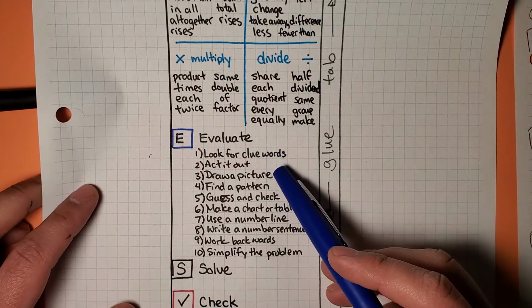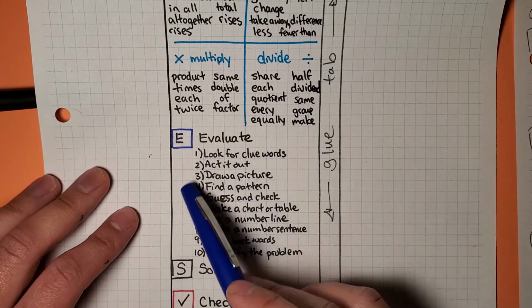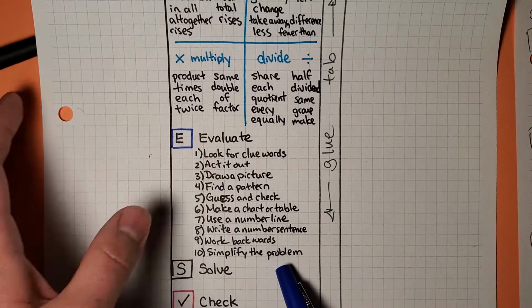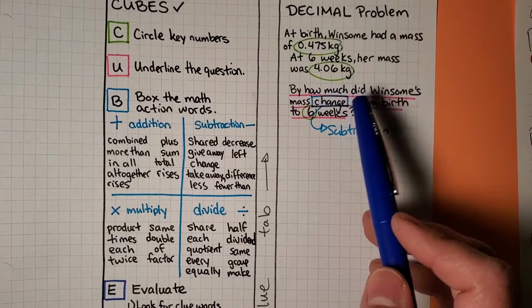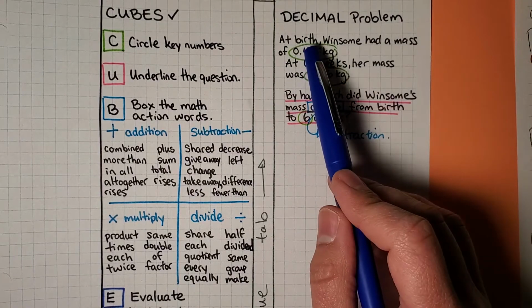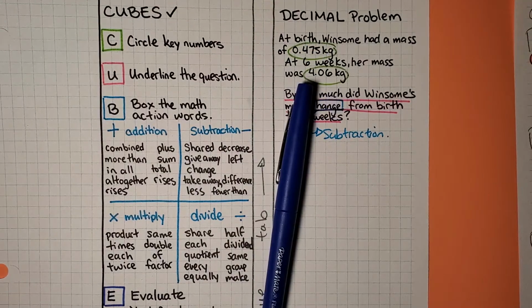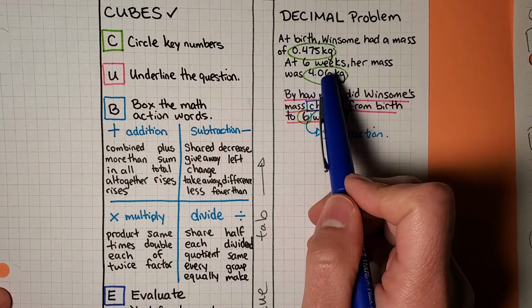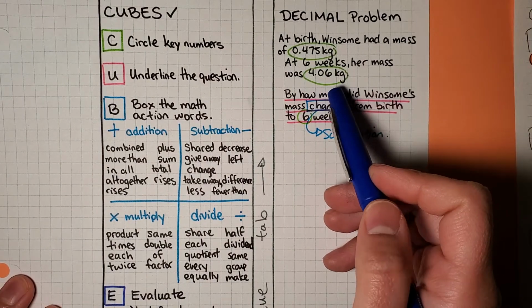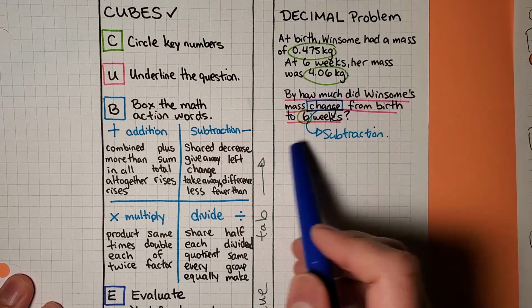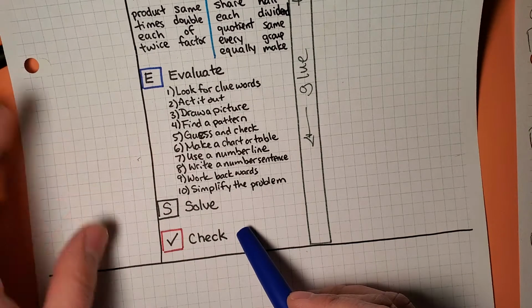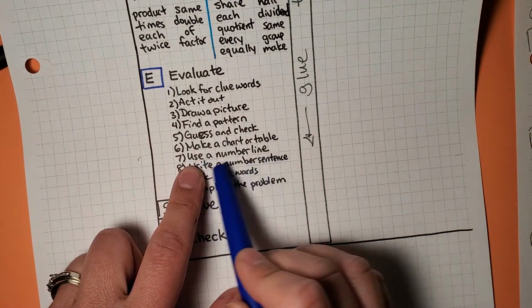The next step is to evaluate. There's a bunch of different options here of how we want to evaluate. Since I know there's a starting point, birth, and at 6 weeks is the end, the finish line, which is 4.06, and I'm trying to find the difference, I am going to do a number line.